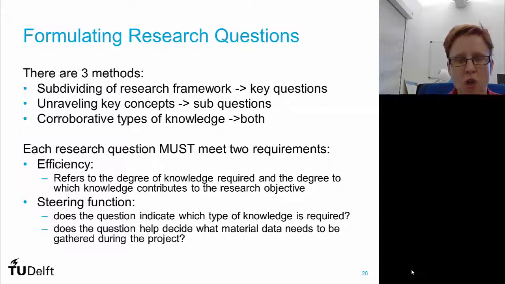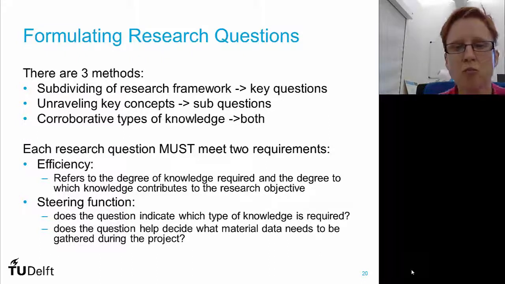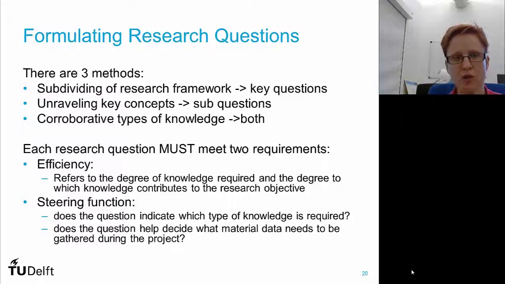That means that during your project, you'll get stuck thinking, does that or does that not belong to my research? Does that add information to my research objective? Oh, well, maybe, I don't know. If you have more thorough questions, you've mapped out what you are and are not going to study and do. That brings me to the requirements for each research question, and they really must meet them, otherwise it doesn't help you.